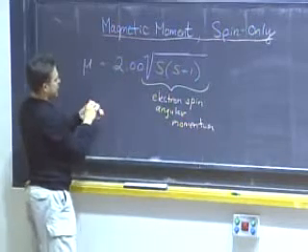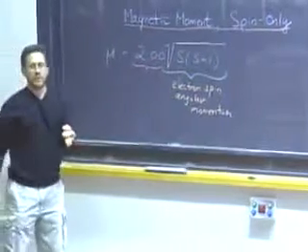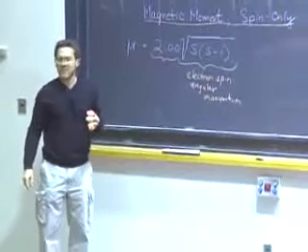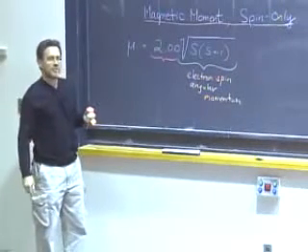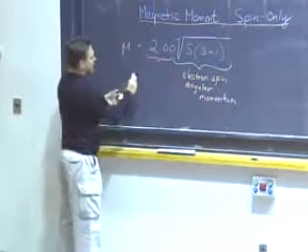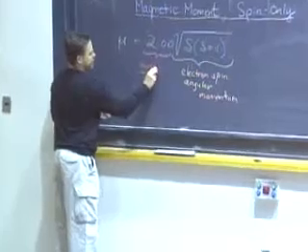And this value, 2.00, I'm calling it 2.00. It's actually a number that differs only very slightly from 2. So we can, for most purposes, use 2.00. This is called the gyromagnetic ratio of the electron.